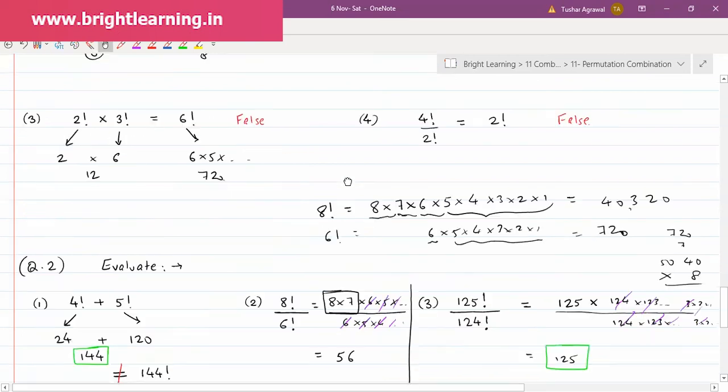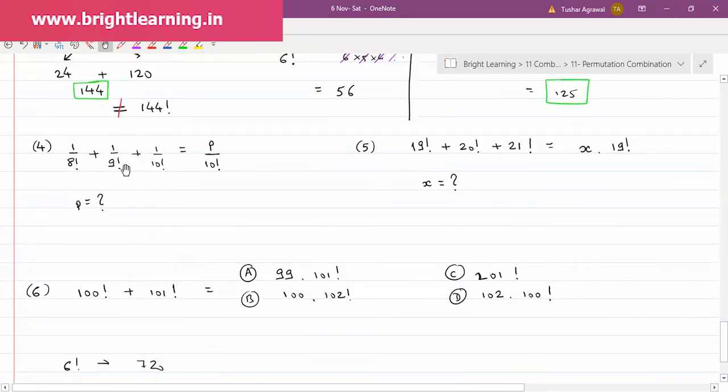So if we use that, 1 upon 8 factorial, 9 factorial, 10 factorial. How do we do the addition of these fractions? I'm talking about the LHS, where 3 fractions are there.